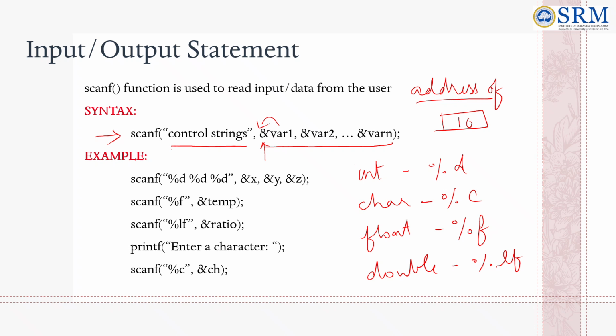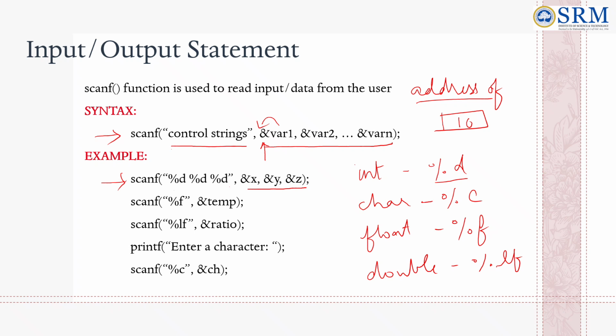And here we have the examples for reading the values in the variables using scanf. In the first example, we read the value for three variables x, y, z, and these three variables are of integer data type. So the control string used for integer data type is %d. We give all these three %d within double quotes.